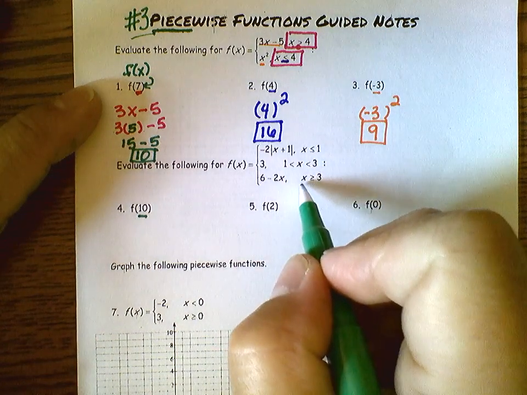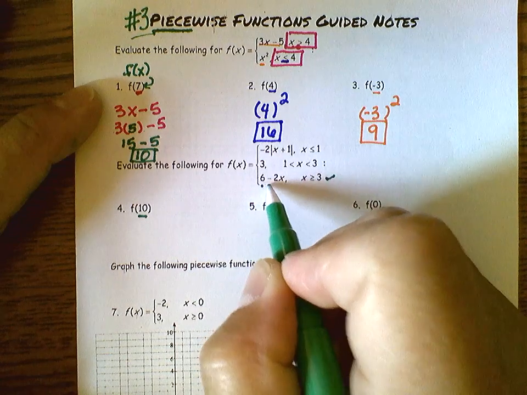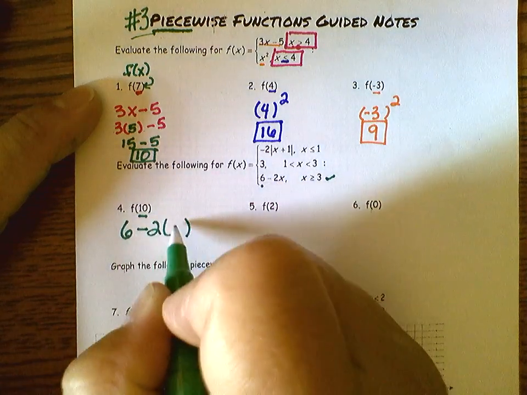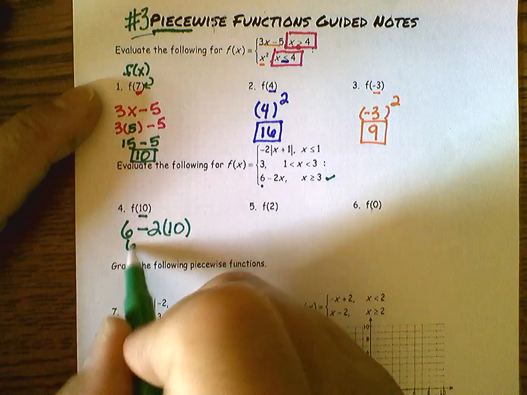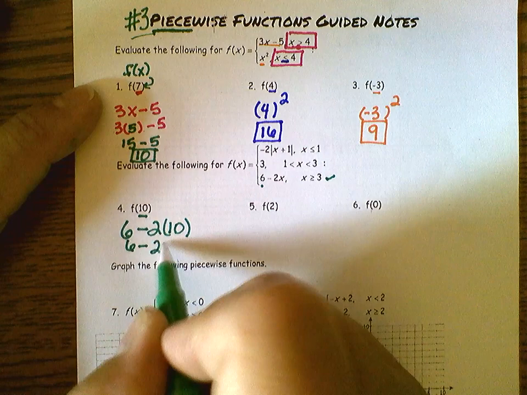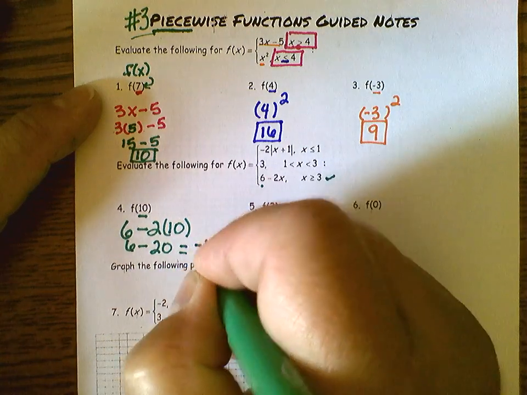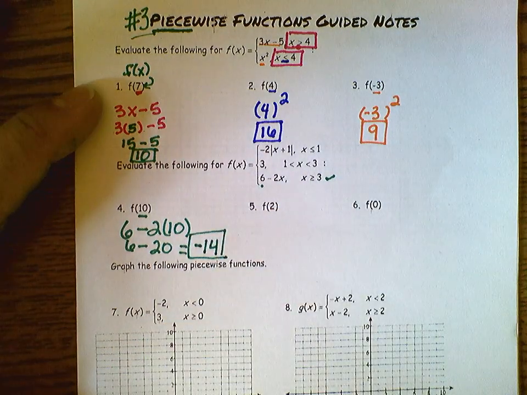No. 10 is greater than or equal to 3, so we're going to use this one. 6 minus 2x. 6 minus 2, and our x is 10. So 6 minus 2 times 10, which is 20. 6 minus 20 is negative 14. That is our answer for that one.